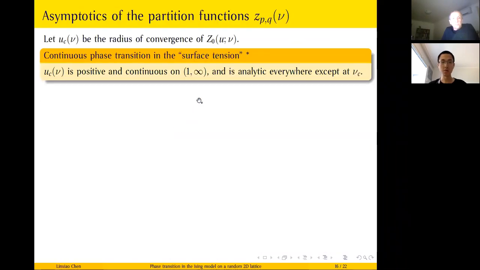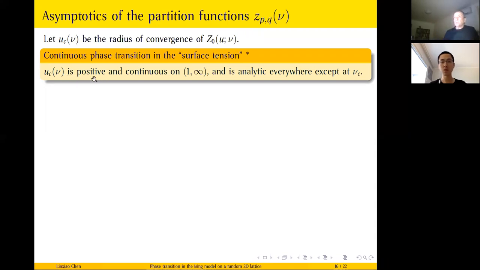So now the results that we obtained. So first, if we define Uc as the radius of convergence of this series, so basically it's the series Z(u,v), but with v equals 0, we can compute this radius of convergence quite explicitly.